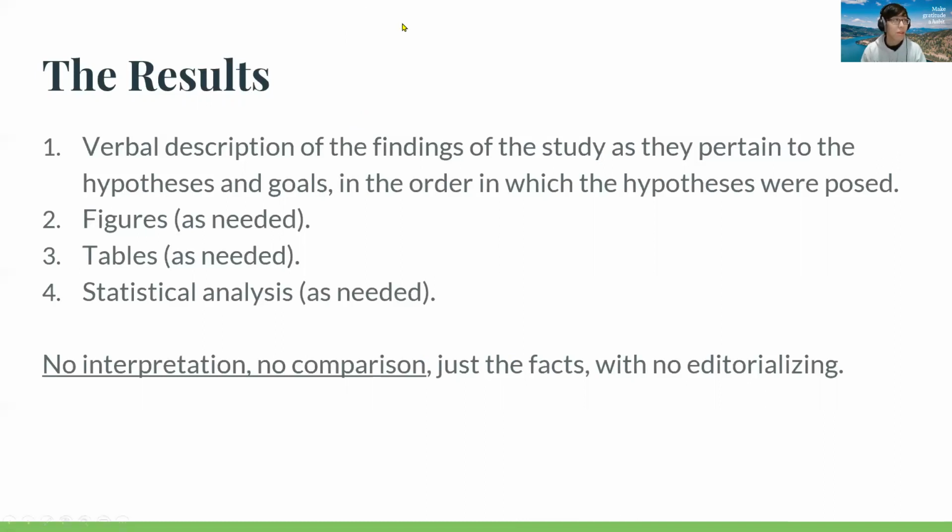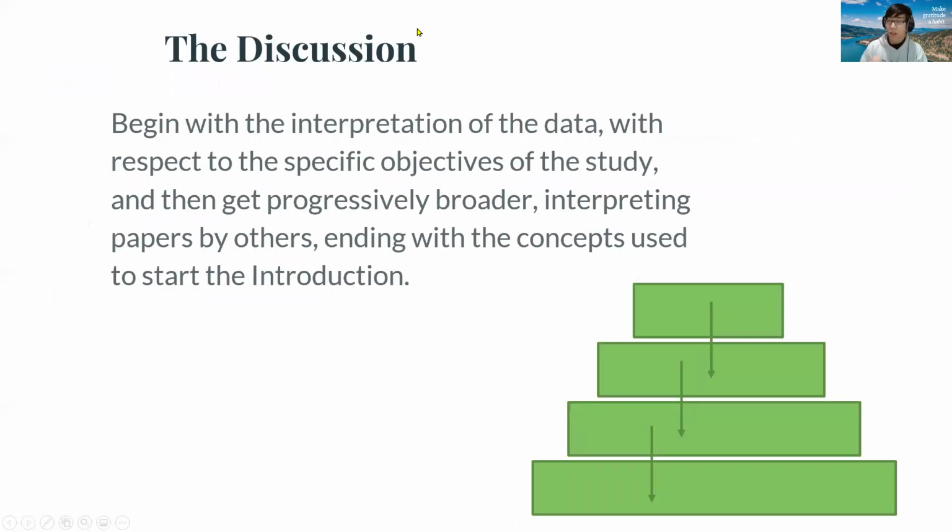Okay. The discussion is where they talk about, why is this significant? Why was this important? Did this prove or disprove what we were looking for? What other questions do we have? They say stuff like that in the discussion. The discussion usually starts small and goes big. So it begins with an interpretation of the results, the data, and then it will actually start getting broader and broader, in the sense that they might start making bigger claims about what the data suggests or might suggest.